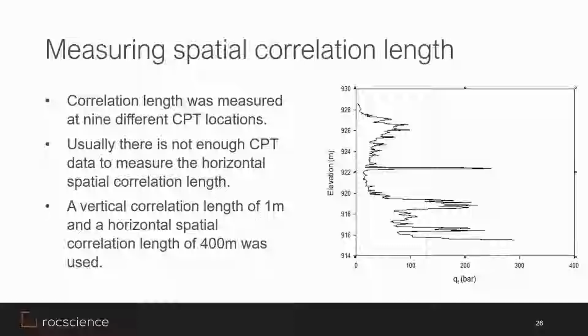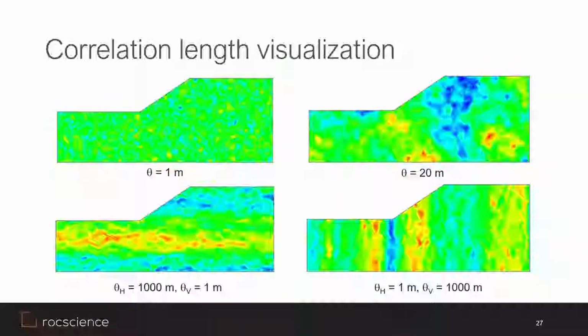We measured a vertical spatial correlation length of 1 meter, but for the horizontal spatial correlation length, we assume that it is 400 meters. So we have a 1 meter vertical spatial correlation length and a 400 meter horizontal spatial correlation length. This is called anisotropic spatial correlation length, and I'm going to show you what that means.